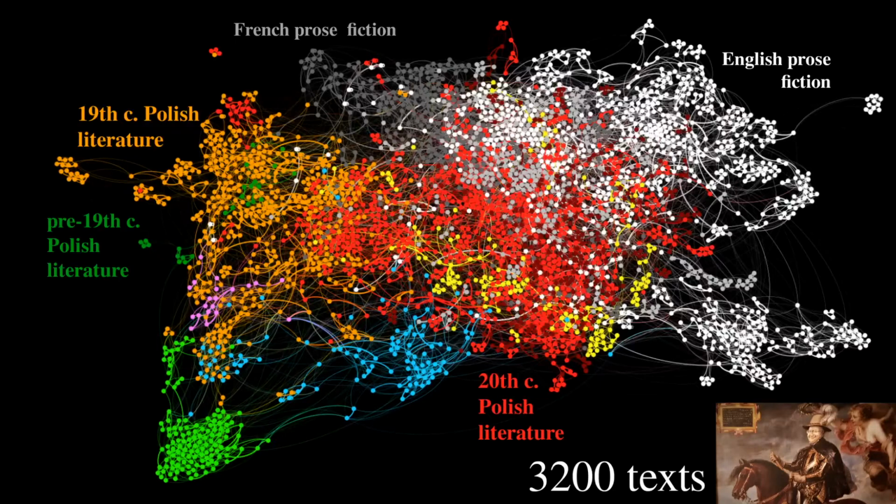But also, perhaps it's a coincidence, perhaps not, you see French literature moves sort of into a position which is parallel to that period of Polish literature in 19th and early 20th century, where French prose was the major influence on Polish writing.